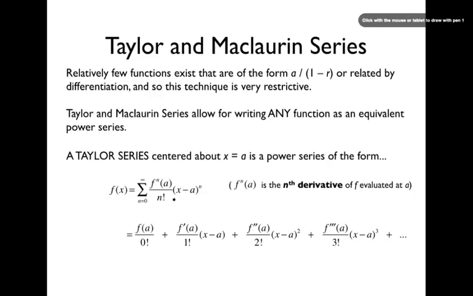I can't say much more than that. When we're centering it at a, x minus a would shift a function a units to the right. So it's like we're shifting it to center it at a. That's basically what this does.